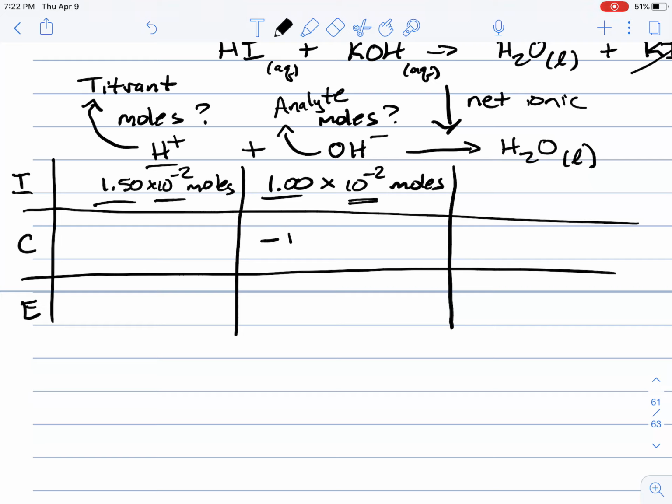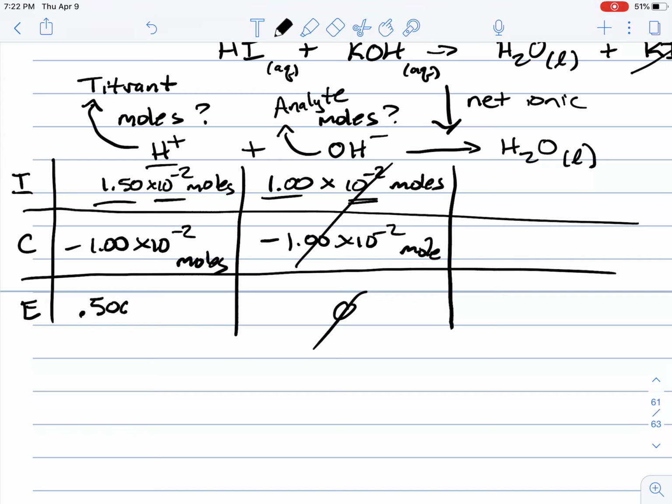And so I'm going to go ahead and subtract 1.00 times 10 to the negative 2 moles. And this will cancel out, leaving me with just 0.50 times 10 to the negative 2 moles.